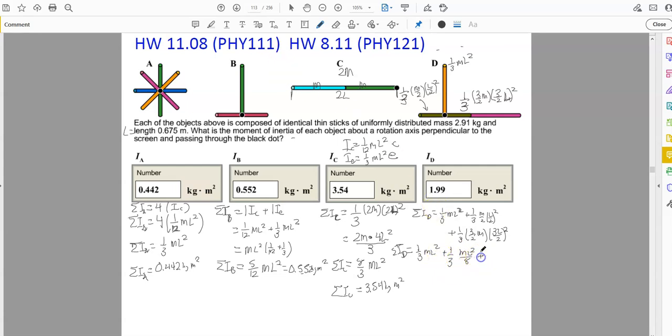So L squared over 2 squared is 4, and 4 times 2 is 8. So that's ML squared over 8. And I just left the 1/3 there.